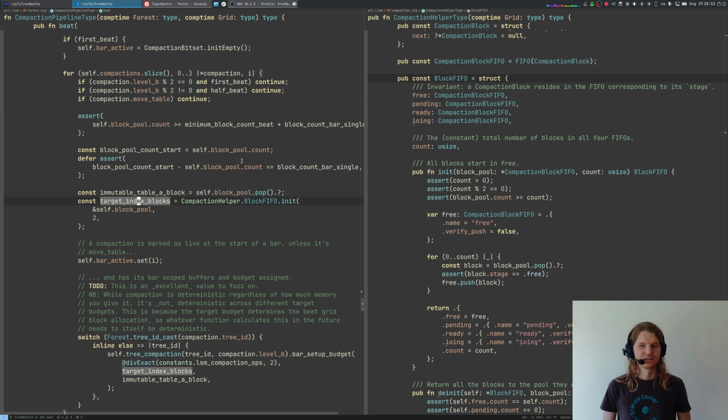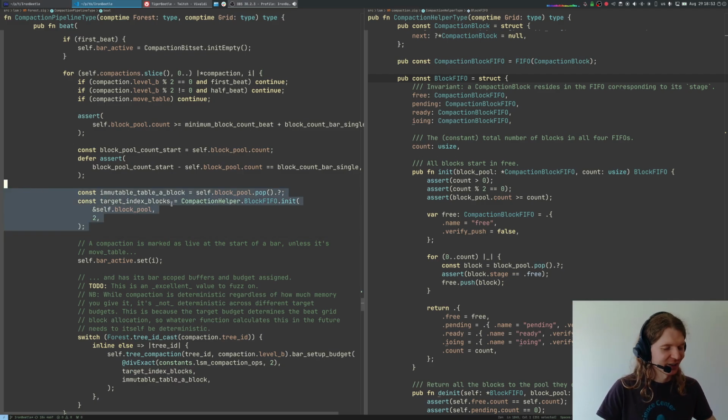And we did somehow 2 more blocks, target index blocks. Like what? Okay, let's pretend this didn't happen because I don't understand what's happening here.